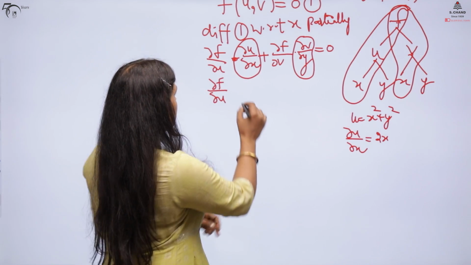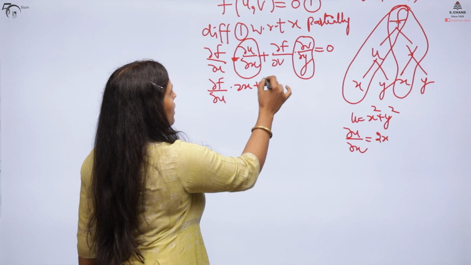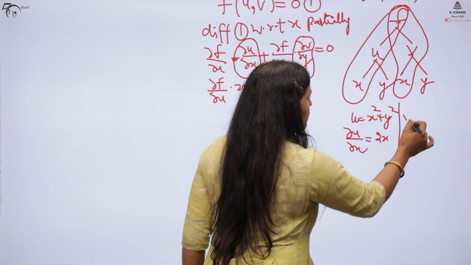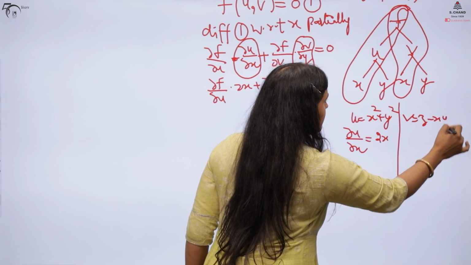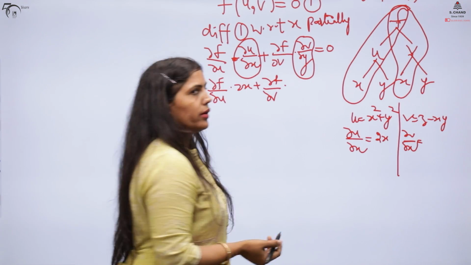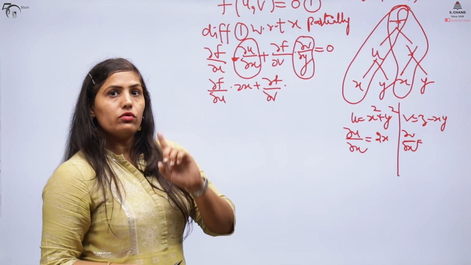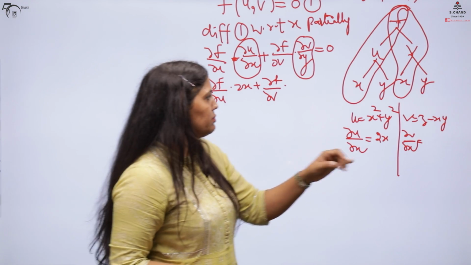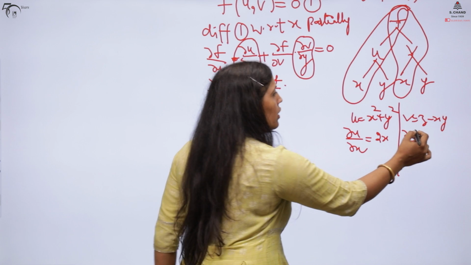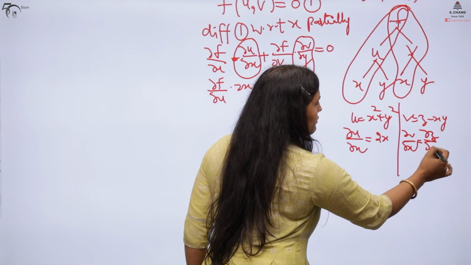So I am just writing this value plus del f by del v. Now v is what? V is a function. So my del v by del x, this is now very important. Don't ignore z, because z is also a function of x and y. It means z has a derivative with respect to x, so I am writing del z by del x.